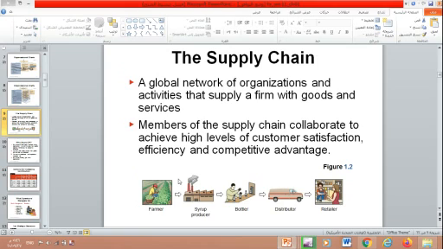Okay. In figure 1-2, we have an example of a supply chain. In general, any supply chain starts with a provider of the basic raw materials and continues all the way to the final customer at the retail store.